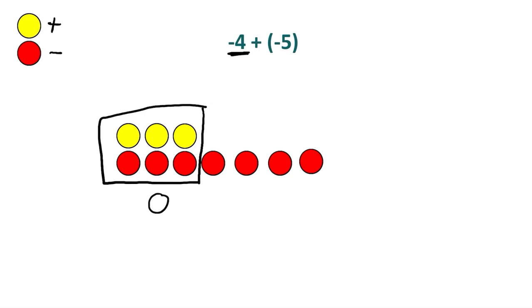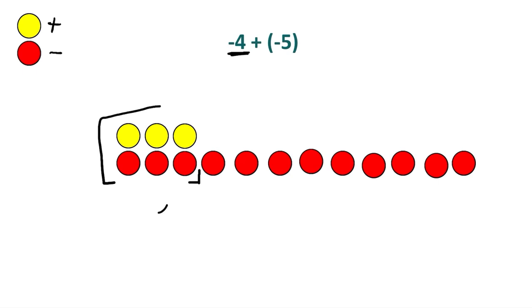Now we want to add 5 red counters, which represents our negative numbers. 1, 2, 3, 4, and 5. Okay. So now we can see that by far the red counters are winning.